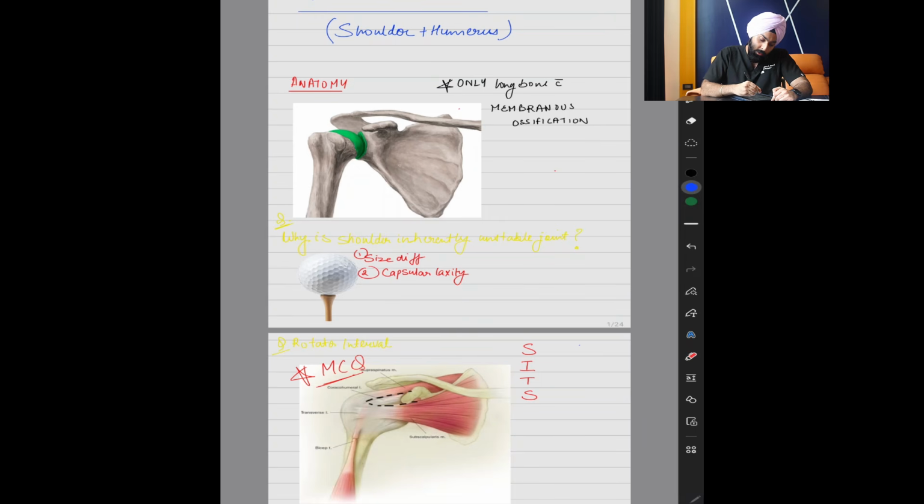So, in anatomy, we know, this is our scapula. This is the scapula bone. This is the clavicle. This is the humerus. So the humerus is articulating with the scapula at the glenoid of the scapula, and it forms the glenohumeral joint.